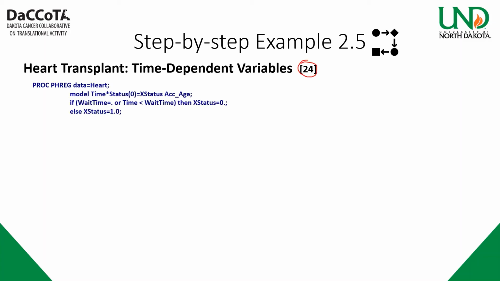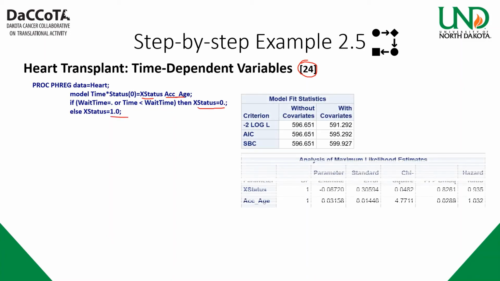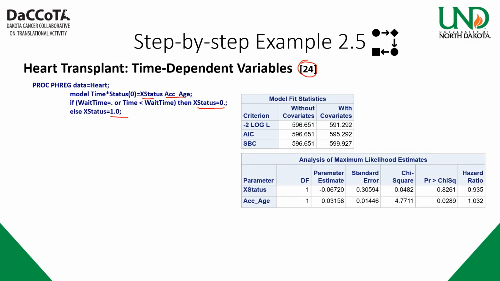Anyways, you're using proc phreg with heart data, time and status, and our time-dependent variables are X status and accelerated age. And we'll format something so that X status is either going to be 0 or 1, depending on time and wait time. We'll do model fit statistics and look at our analysis of ML estimates. We can see here that X status is not significant, but accelerated age is significant.